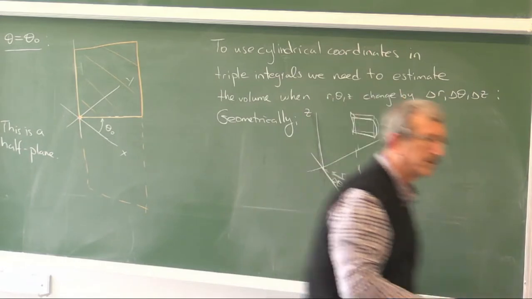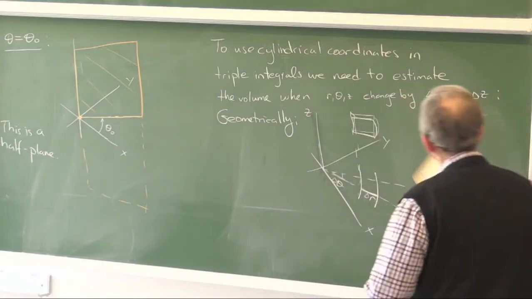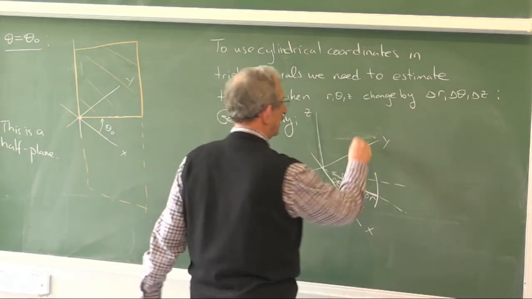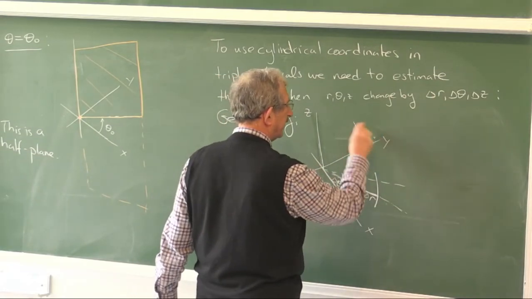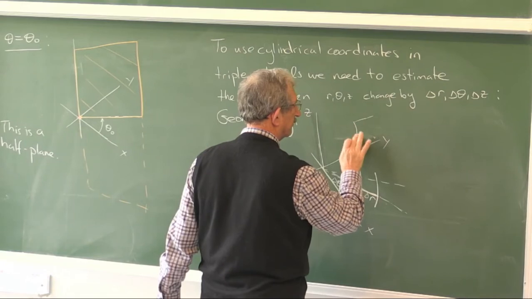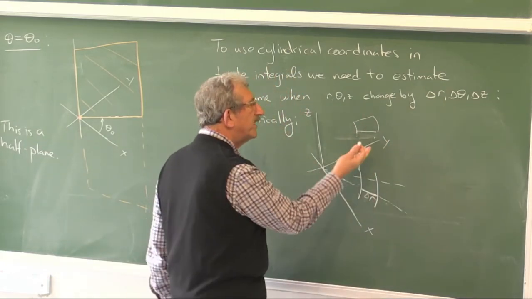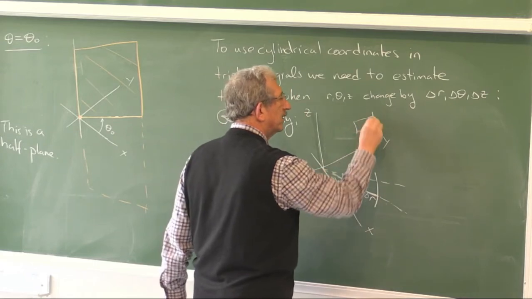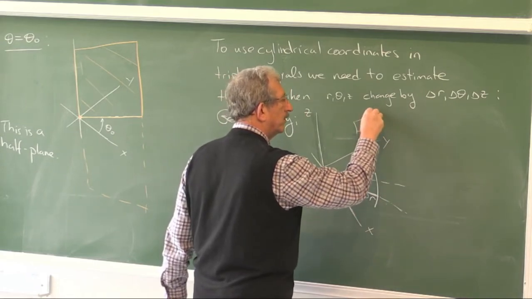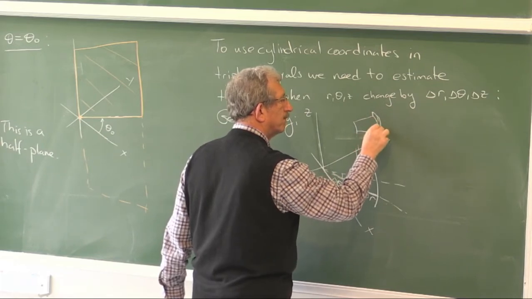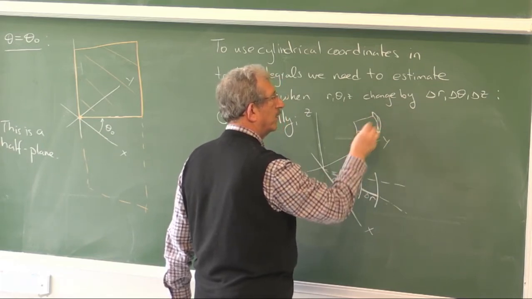That's a very bad picture. Let me redraw it. Okay. It will be the same thing at the bottom, perhaps like this. Let me exaggerate a little bit. But then you give it a thickness.